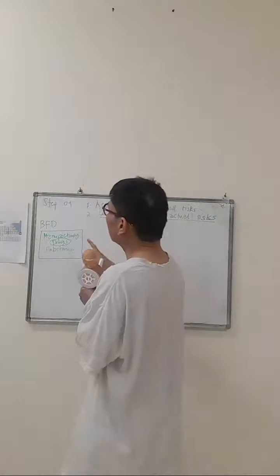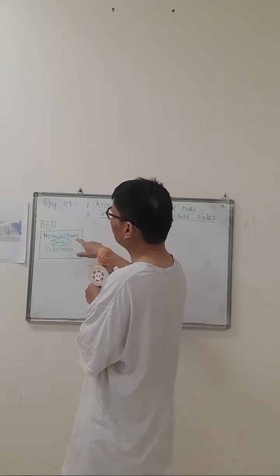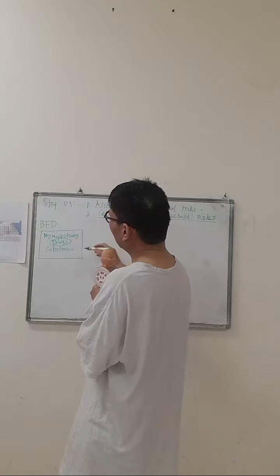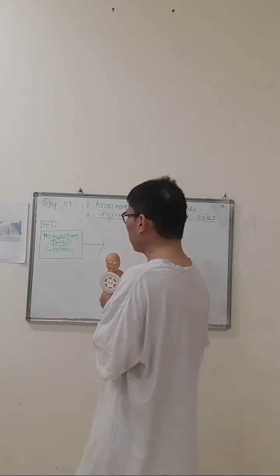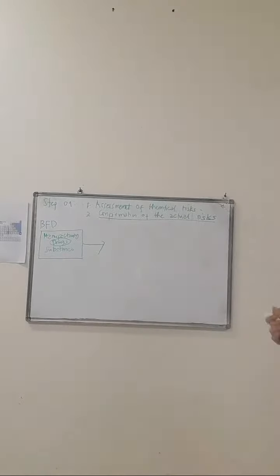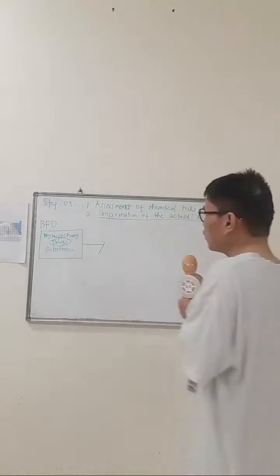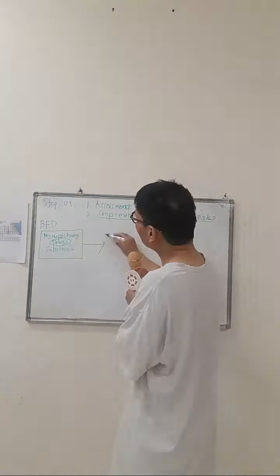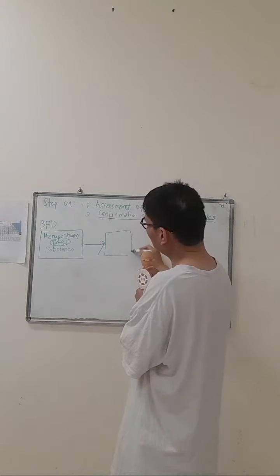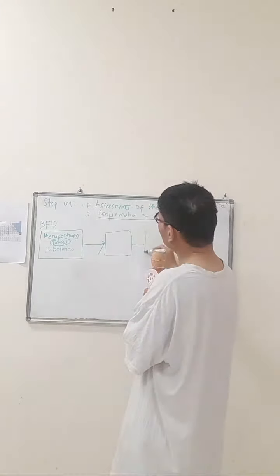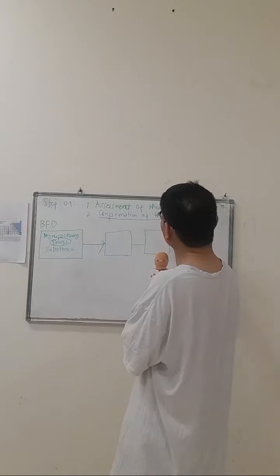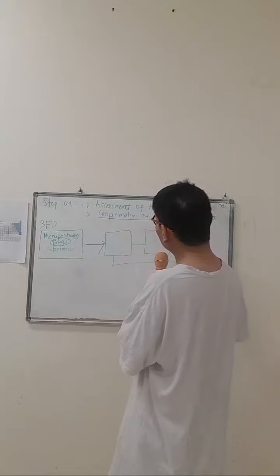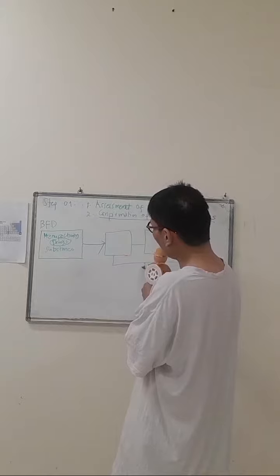Then after the manufacturing of the drug substance, you will go to the manufacturing of your drug products. In the manufacturing of your drug product, you have added the excipients and the material packaging here. So this is the manufacturing of your drug products.